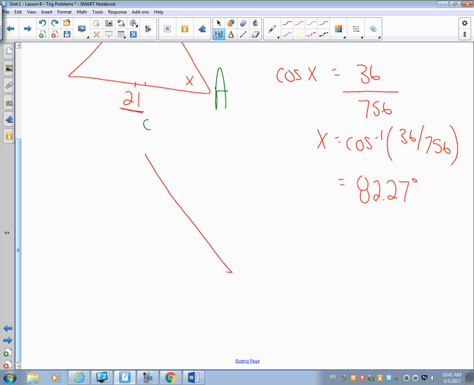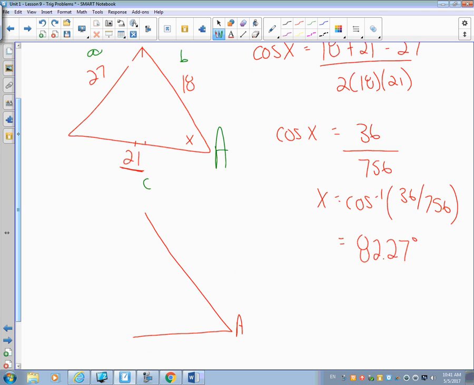So I'm still going to have side angle A over here. I still have this being 18. But I now know this angle over here is 82.27. The height of this triangle, the part up there, can be found using SOHCAHTOA. Okay. This is the opposite.